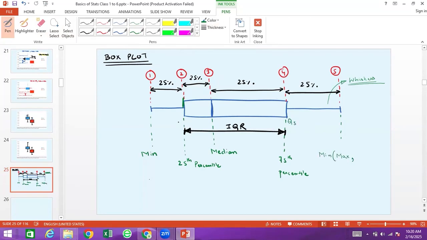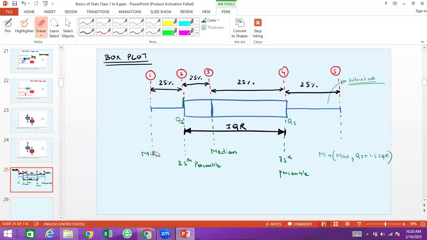This is Q3 and this is Q2. From this point we need to find the minimum of the maximum or Q3 plus 1.5 times IQR. Whatever is the minimum of these two, that I will take.